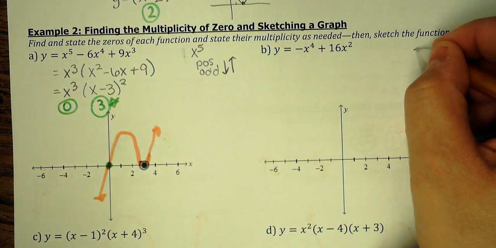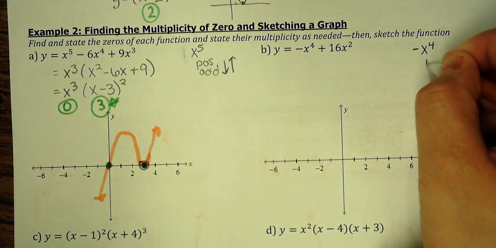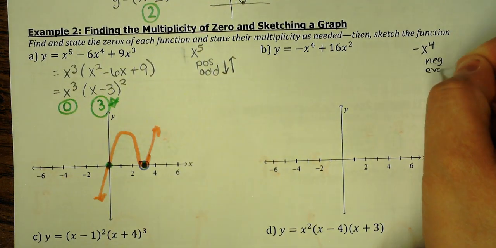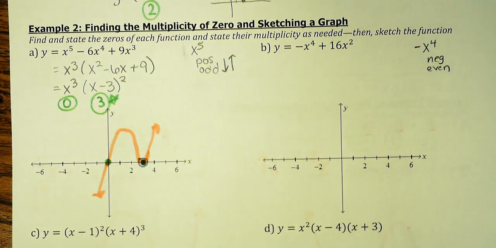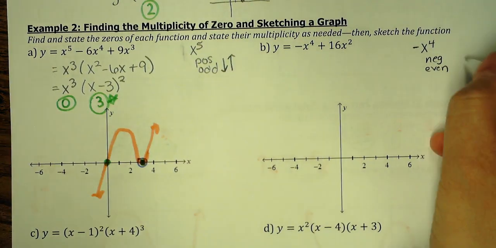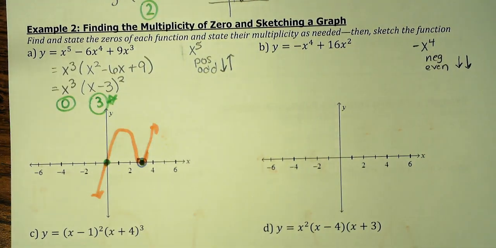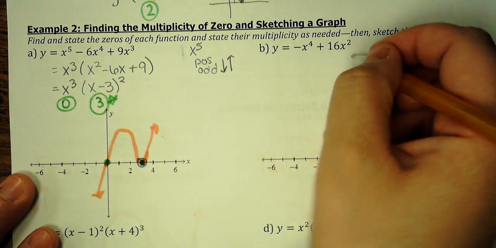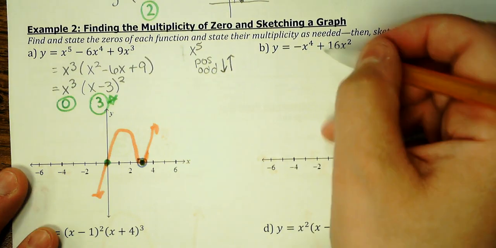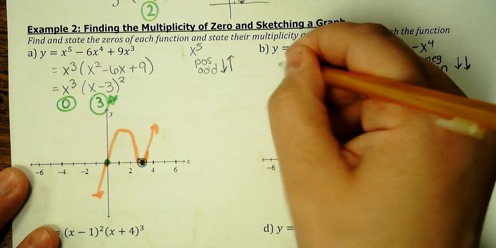Alright, this one, your leading coefficient is negative, x to the fourth, so this is negative and this is even. So I know that my even goes the same direction, negative, they both go down. So we're just going to go ahead and factor this here real quick. Now, I'm going to factor out a negative here.